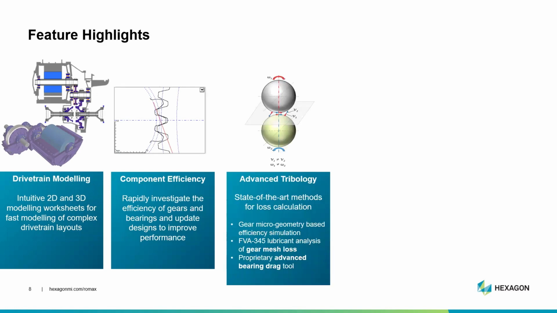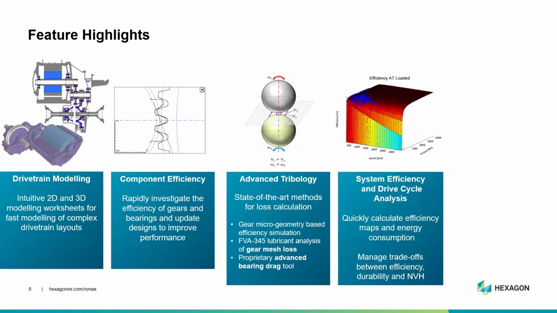Some of these models use published standards, ISO standards. Others use state-of-the-art methods, best-in-class capability for gear efficiency based on microgeometry, based on detailed lubricant analysis, as well as Romax's world-leading proprietary advanced bearing loss tool.